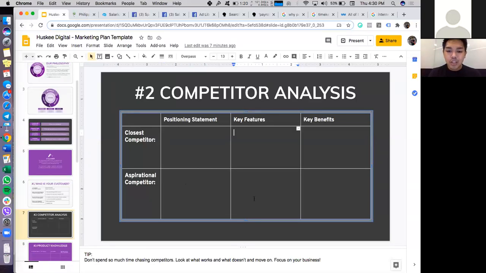Okay, and then you want to talk about what are the key features of your competitors. Features are the things that your product does. And then after, you talk about the benefits. So the feature is what the product does, and the benefits are what the clients get when they have this. For example, sorry, I can't see it because my Zoom is blocking it.